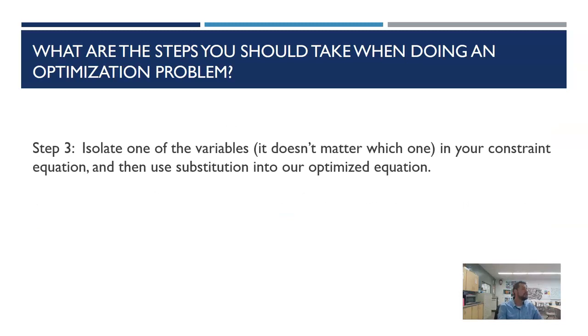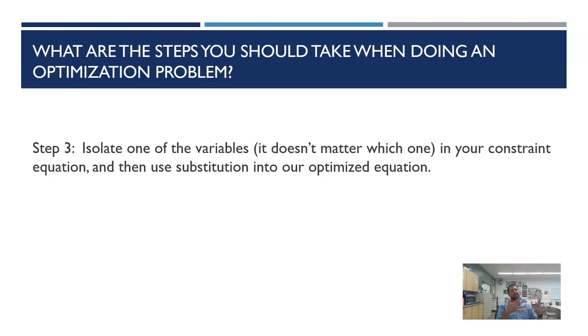what you're going to do once you have those two, and we're going to do an example here in just a second where we will apply all of these steps, is choose a variable in your constraint equation and then use substitution to plug it into the other equation. The reason for that is most of the equations we're trying to maximize or minimize have more than two variables.